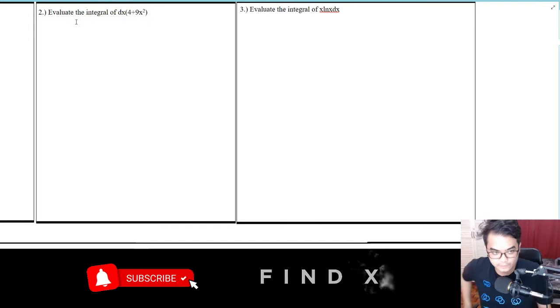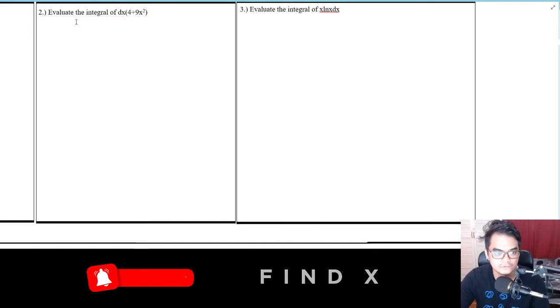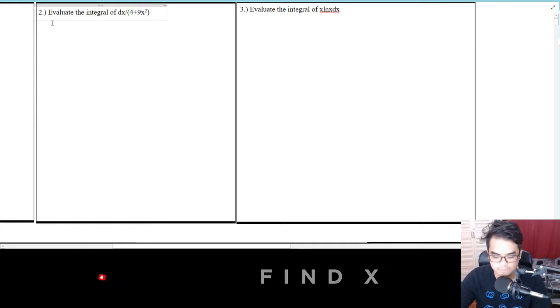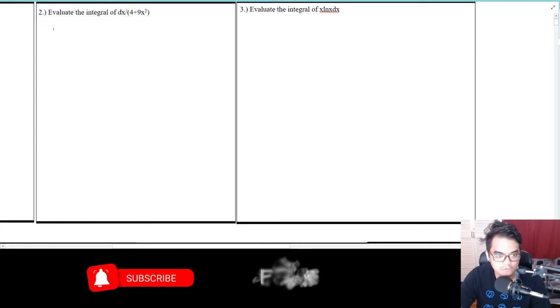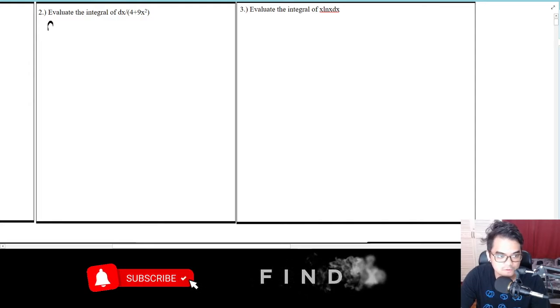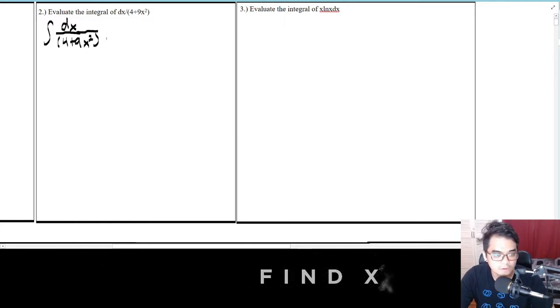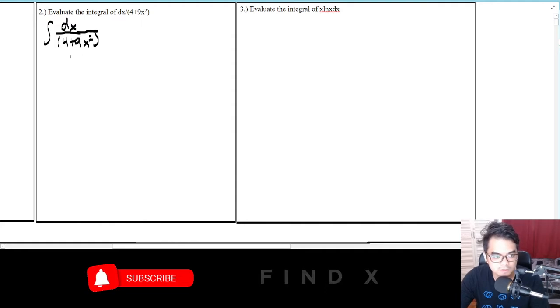For number 2, evaluate the integral of dx over 4 plus 9x squared. So you'll have the integral of dx over 4 plus 9x squared. Integrating that is just an inverse trigonometric function.